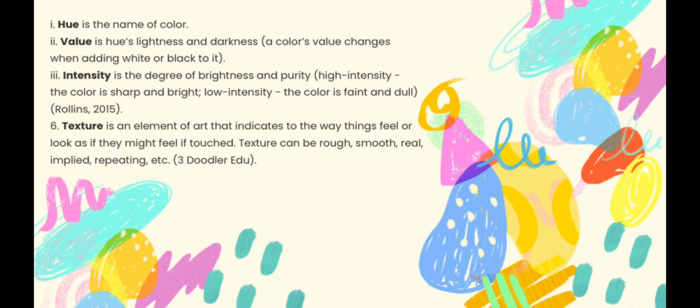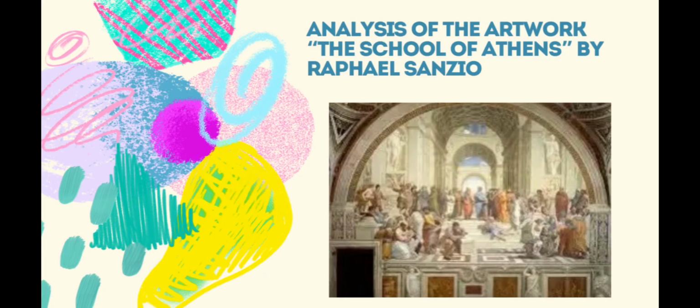Value is hue's lightness and darkness, while intensity is the degree of brightness and purity. So let's proceed to number 6. Number 6 is texture. It is an element of art that indicates the way things feel or look as if they might feel if touched. Texture can be rough, smooth, real, implied, or repeating.